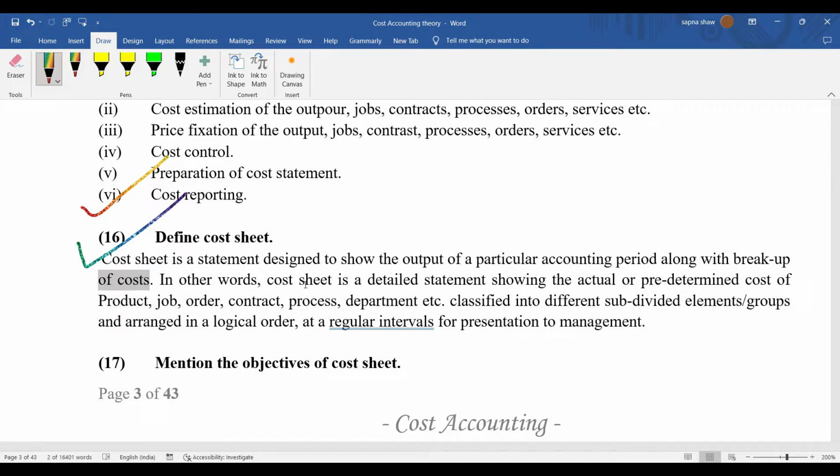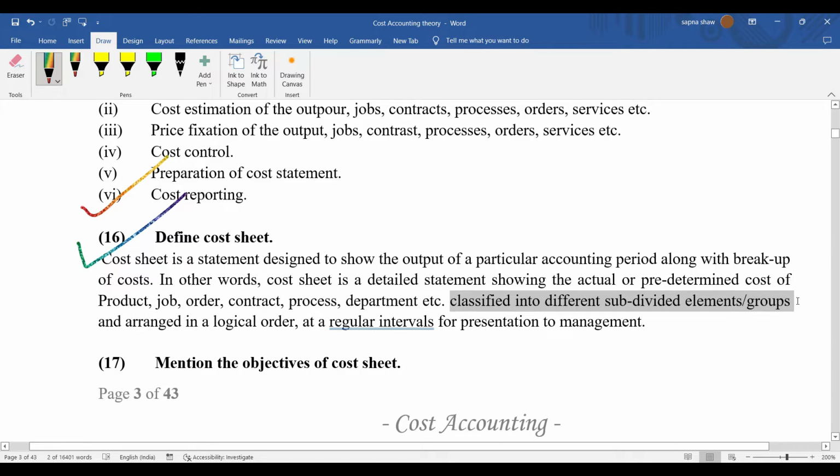So in future, if any problem happens, we can easily use this statement to find out what exactly the problem is and solve it. It is subdivided into various elements and groups, and arranged in a logical order. Firstly you mention the raw material, then work in progress, then finished goods. In this way, it is prepared in a logical manner.